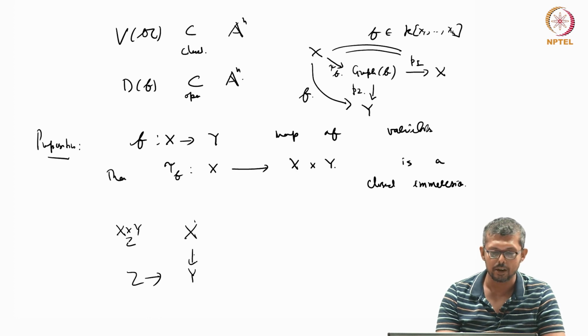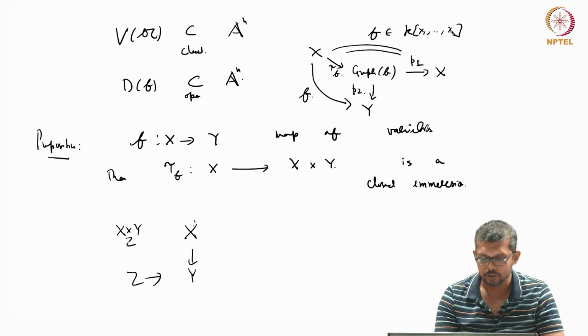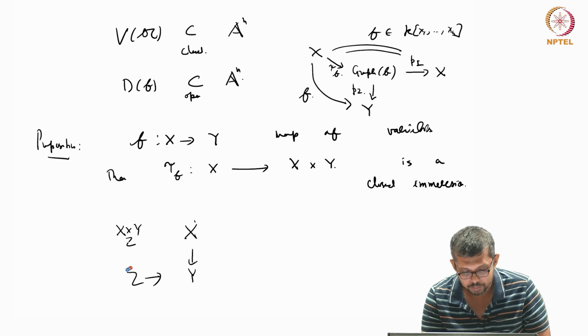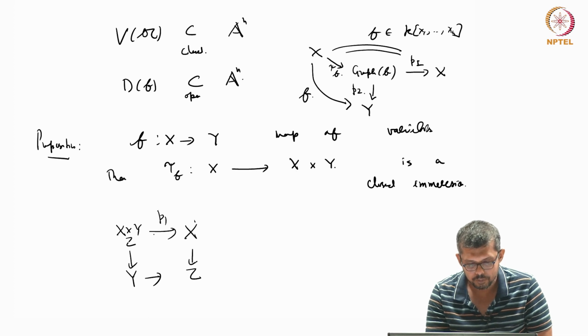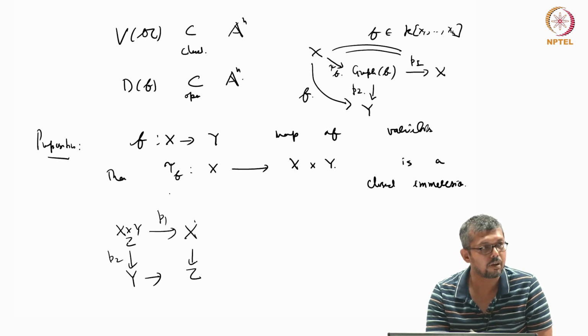Basically, set theoretically, this is nothing but the set of all points. This is Z, this is Y, and you want a map. So this is called fiber product.